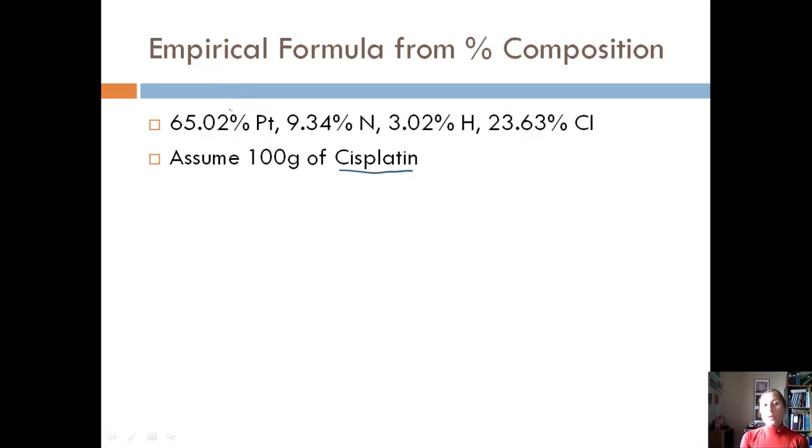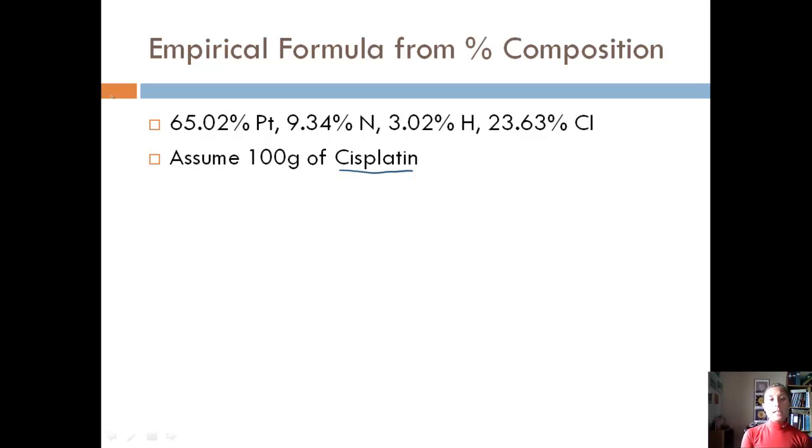Now, we know that step 1 is to get masses, and right now we are in percents. Well, the easiest way to convert percents to grams is to assume 100 grams of the total. Because if we take a percent times the 100, it just comes out to that number. Now, you could assume any number of grams total that you wanted. You could say 1 gram, 50 million, 1.23. It doesn't really matter.